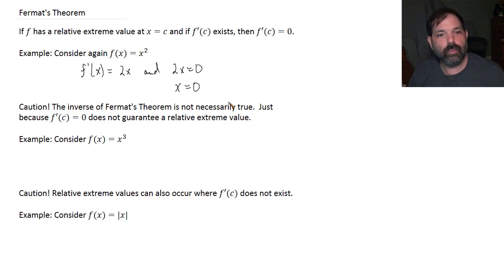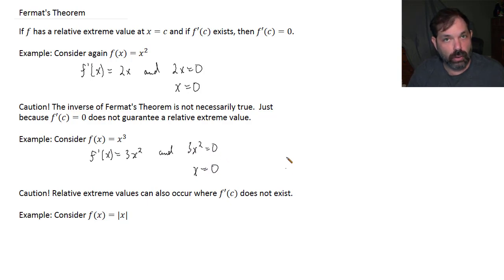So for example, the inverse of this theorem is not necessarily true. In other words, just because the derivative is 0, that will not guarantee a relative extreme value. If we think of the function x cubed, notice that f prime of x is 3x squared, and if 3x squared equals 0, that implies that x equals 0.